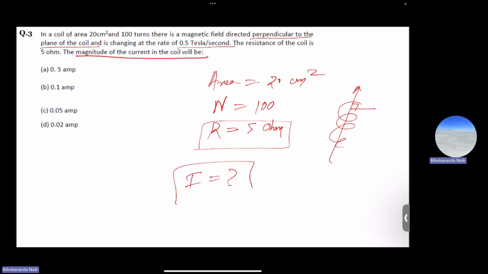So for current we need to know the value of the resistance. So first let's calculate the induced EMF, and then we will calculate the current.